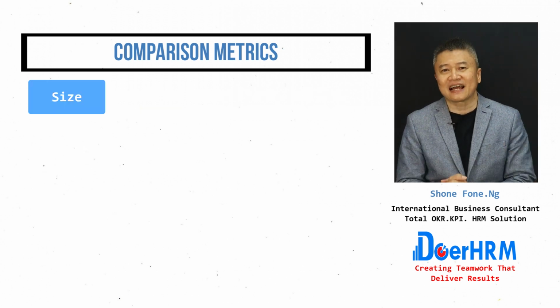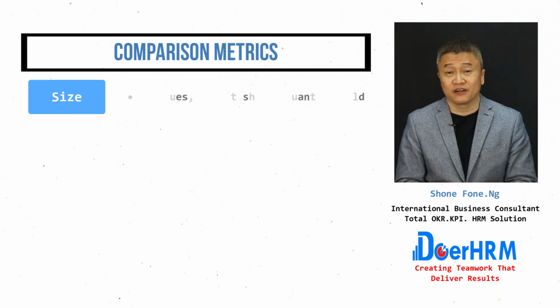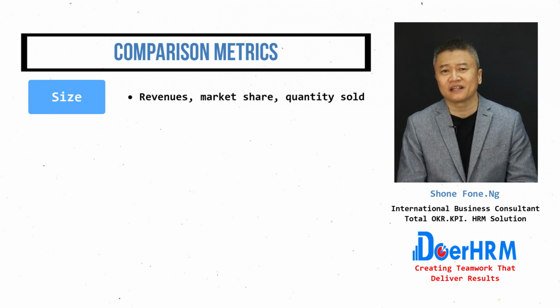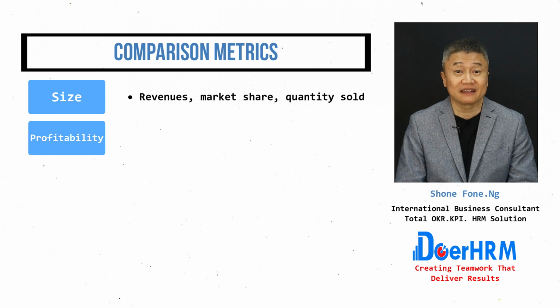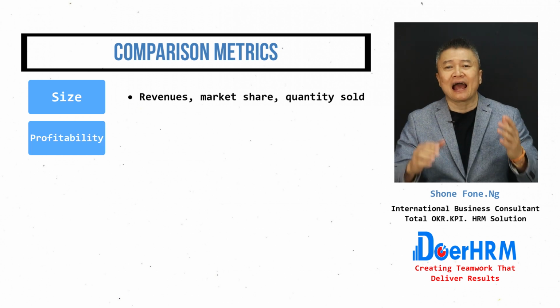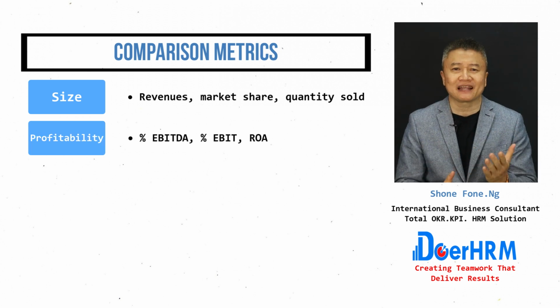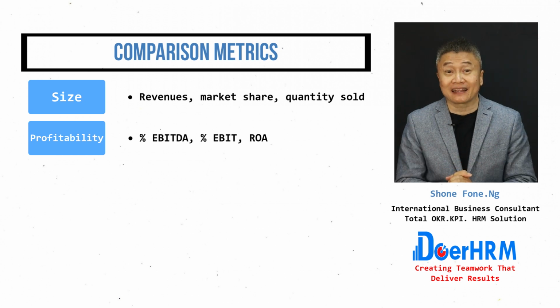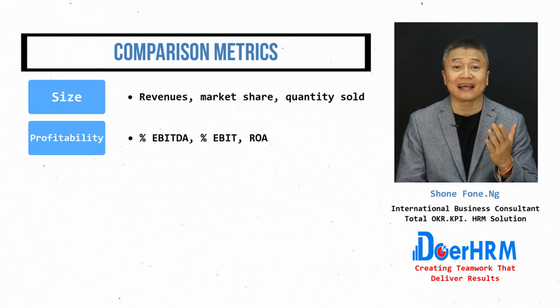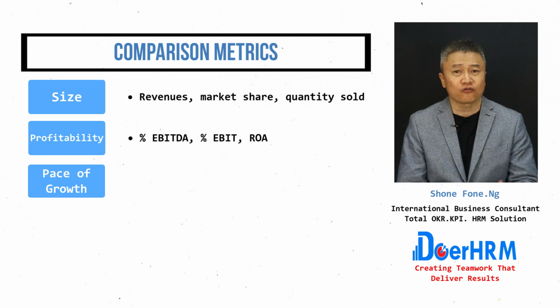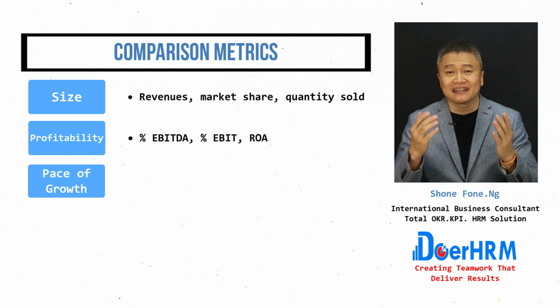Now, let's look at size. You obviously can look at revenue, market share, or quantity sold. For profitability, the best way to look is at the percentage of EBIT or EBITDA. And quite often we look at the ROA, return on assets. For pace of growth, this obviously depends on the industry.